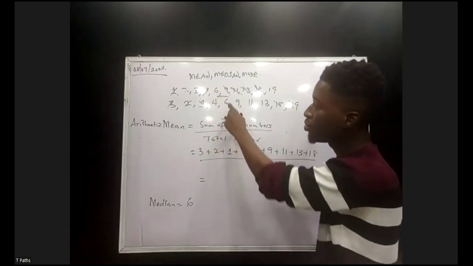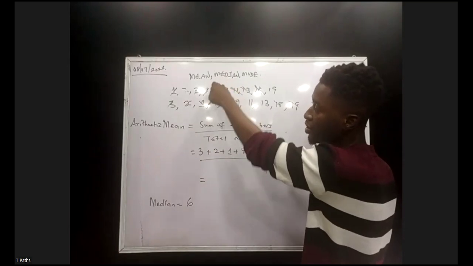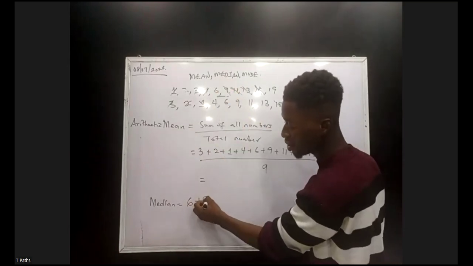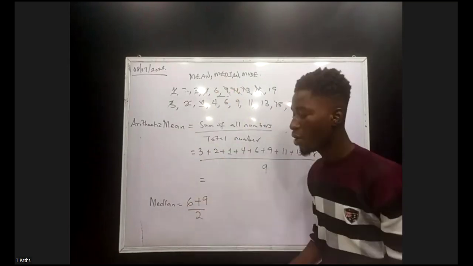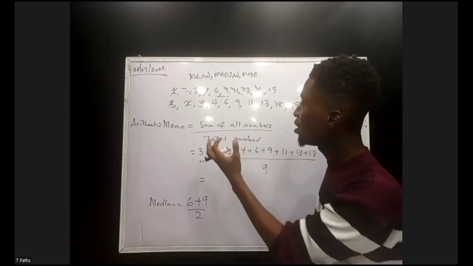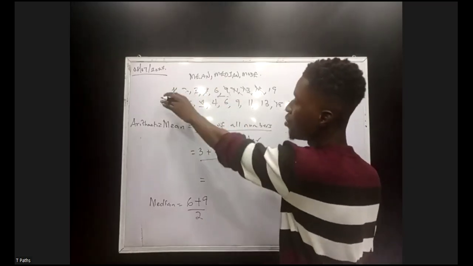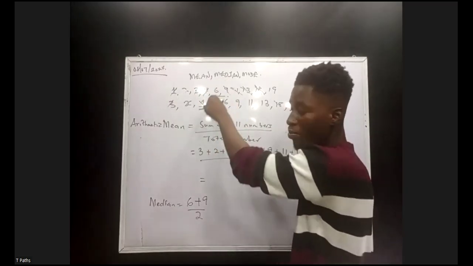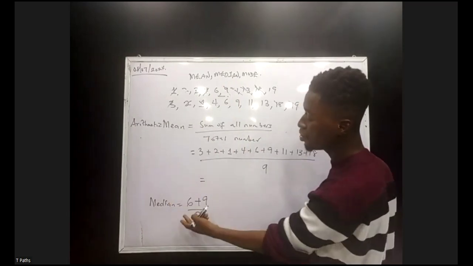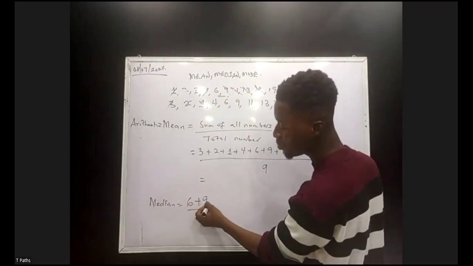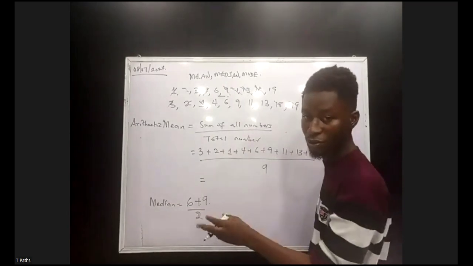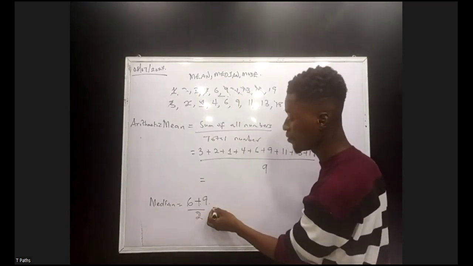So the median is simply 6 plus 9 divided by 2. What I'm telling you is that when you start canceling out the numbers and you are left with two middle numbers, to get the median you simply add both of them and divide by 2. You get your median from there.